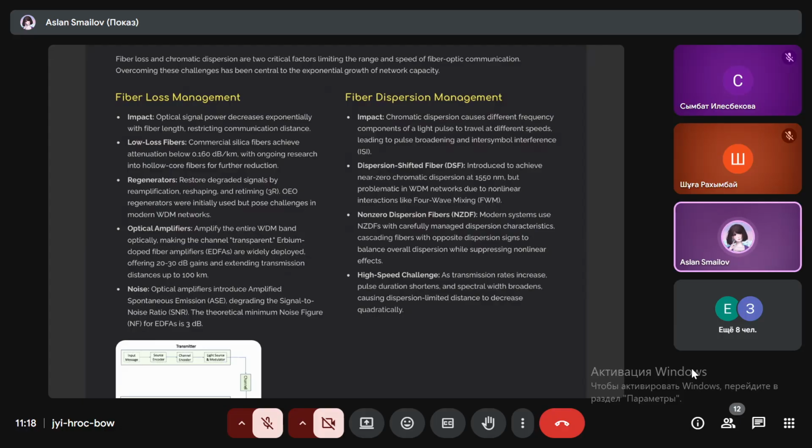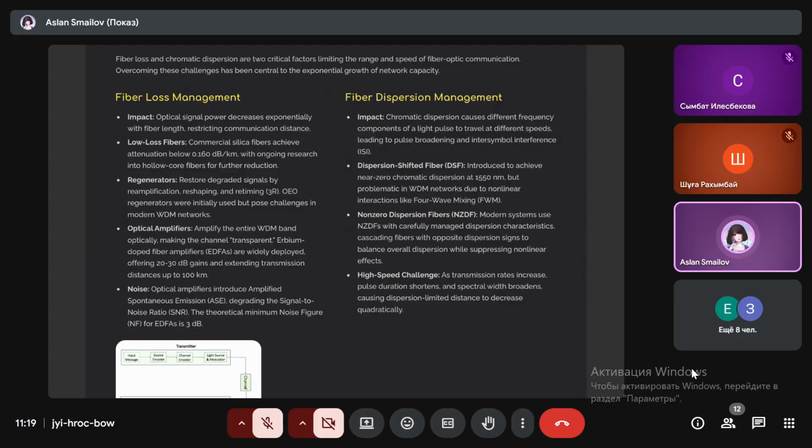1550 nanometers. But the problem is that in WDM networks, due to non-linear interactions like four-wave mixing, this term is a little complex, but if we research it in an overview, it's simpler than its name.